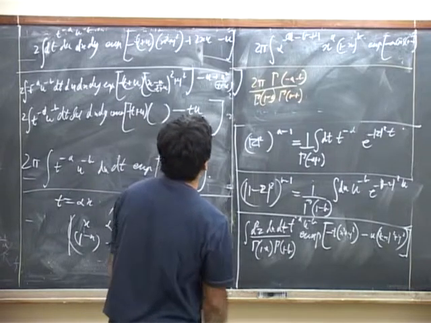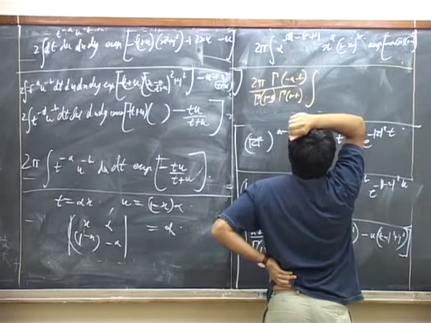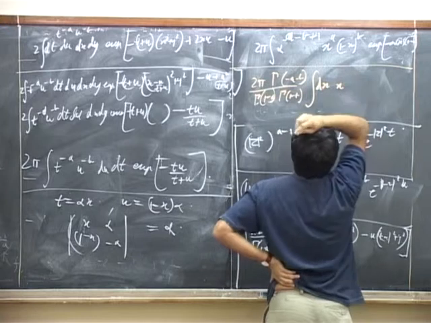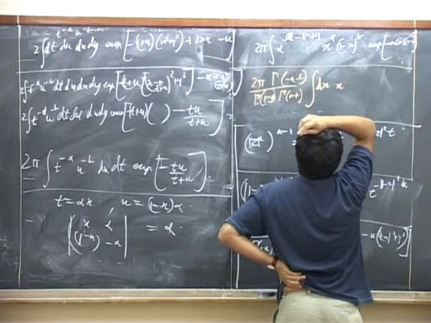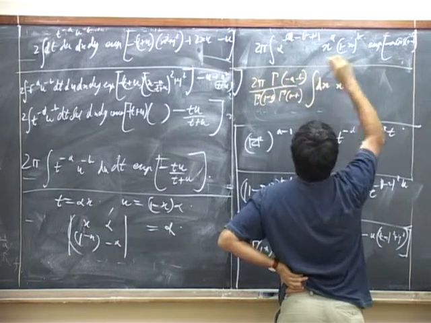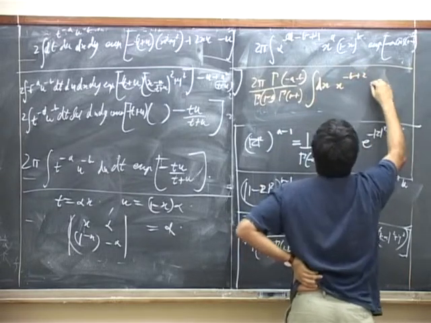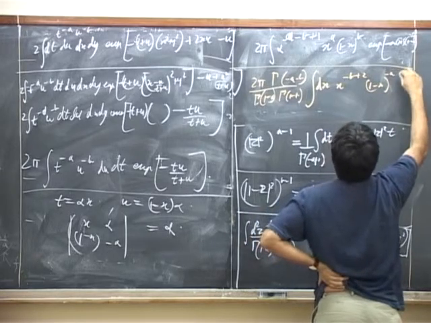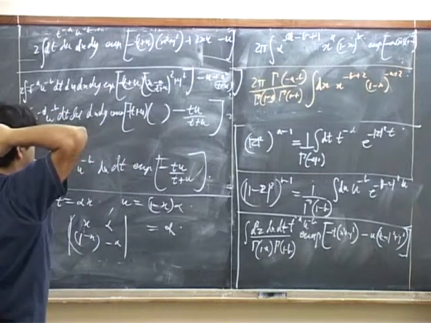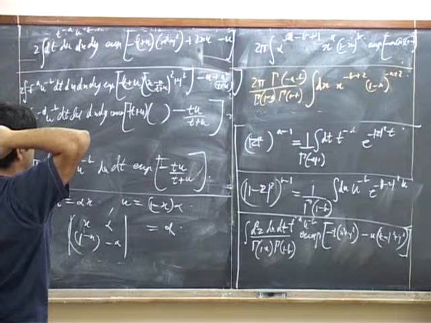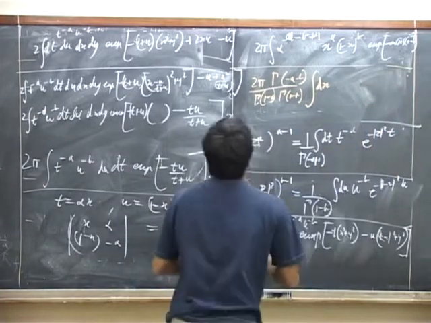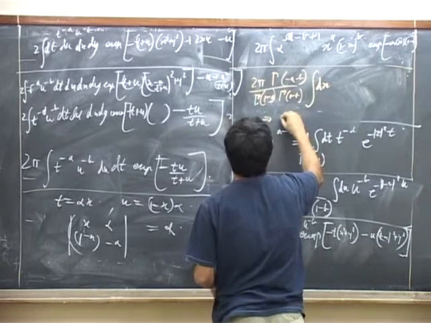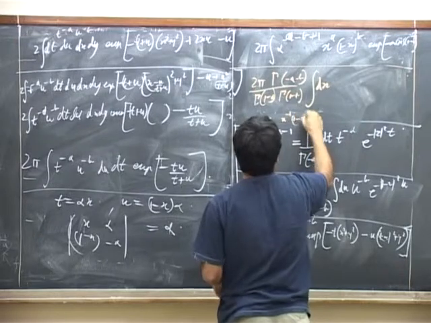So we get the integral dx, and when we have an alpha we should take it to x to the power minus 1, 1 minus x to the power minus 1.